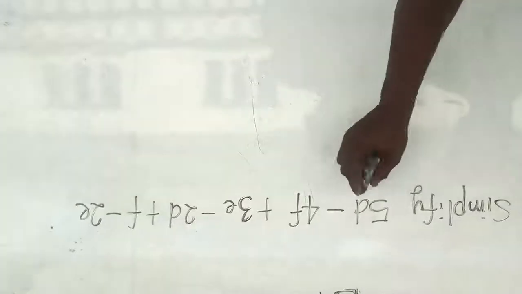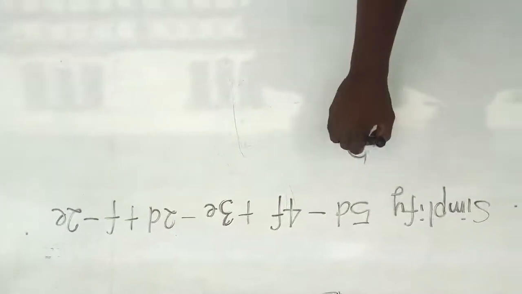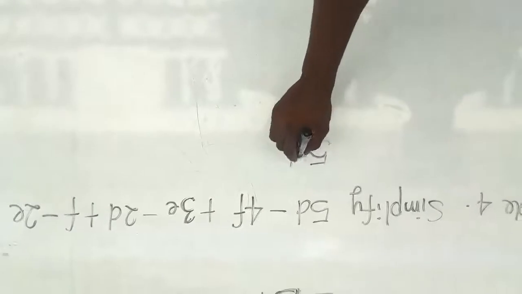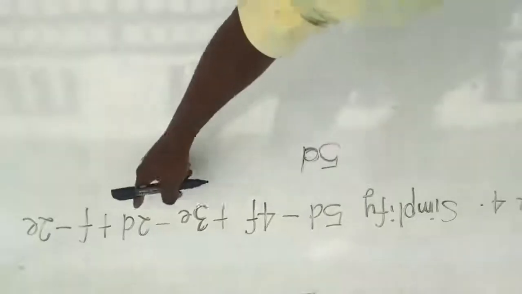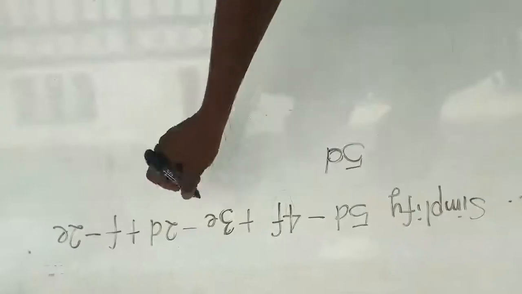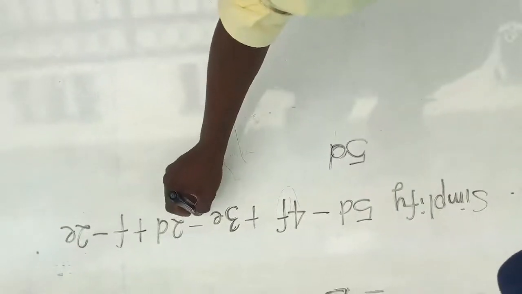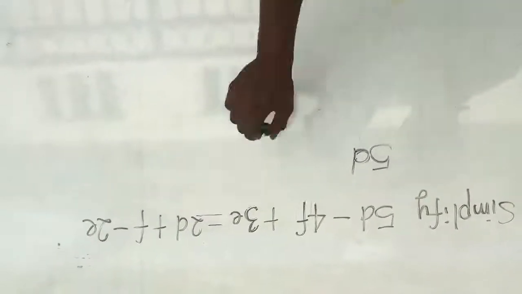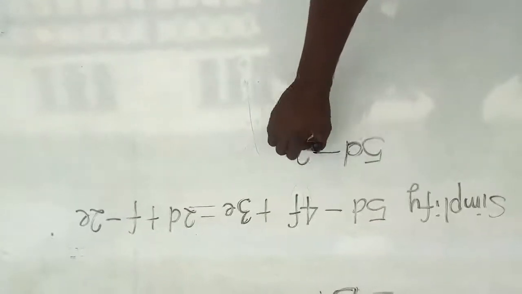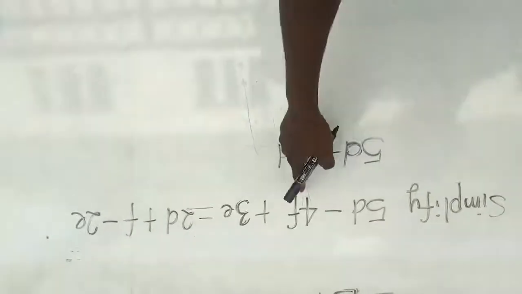So group the like terms together. So starting with 5d, is a term in d. Then look for another term in d, which is what? Minus 2d. Don't forget, the 2 goes with the sign. Minus 2d. There is no other term in d here.